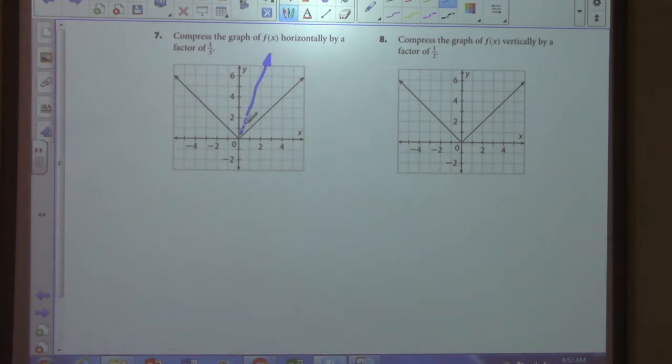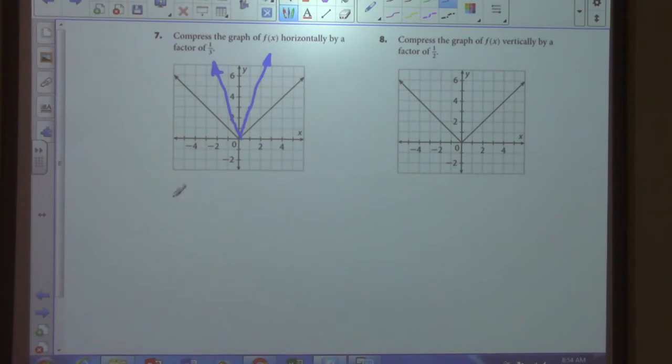And I'm going to show you how to put that in the calculator in a minute. But we're going to let Brindy tell us how to do that, if she remembers how to do that in the calculator. Okay? So that's what it's going to look like.